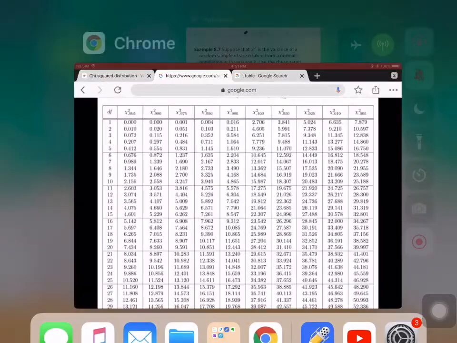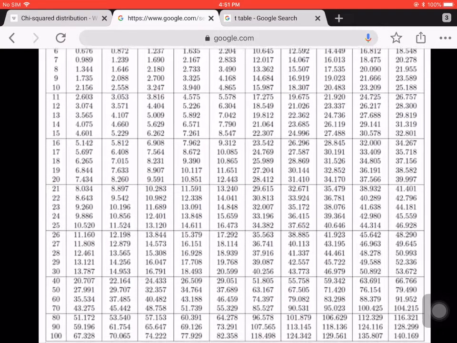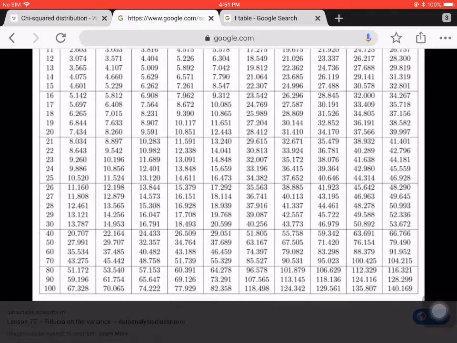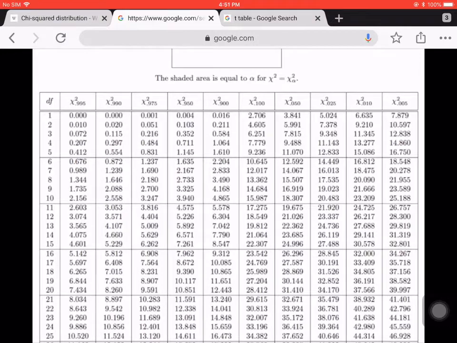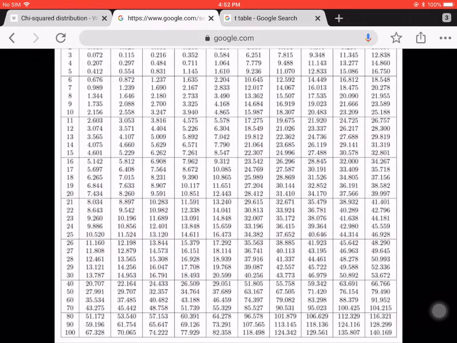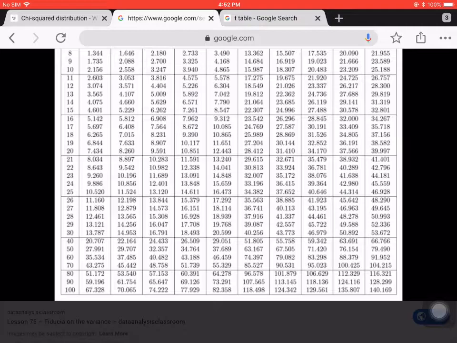So you're going to use this table to find 29 from the first column, and you're going to find 0.01, which is the 1, 2, 3, 4, 5, 6, 7, 8, 9, 10, the 10th column. You find the intersection between 29 and 0.01, which is 49.588.